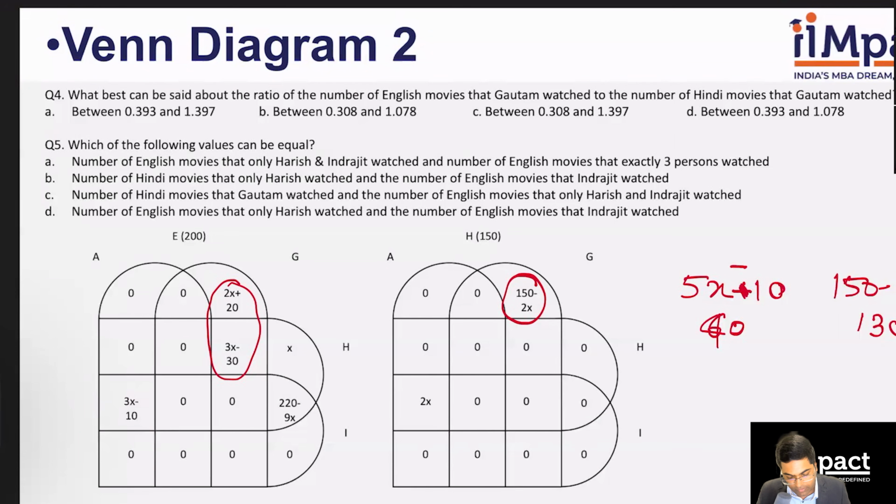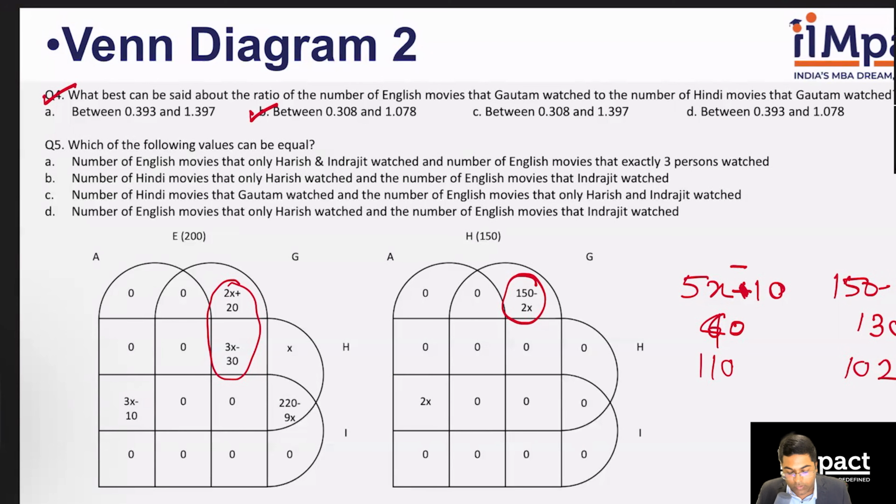And if I put 24, I will get 110 and 102. So the ratios will be 0.308 to 1.078. That's it. Clear?